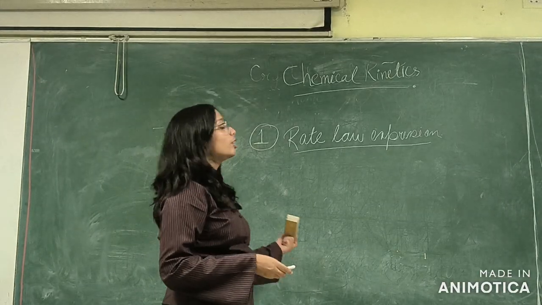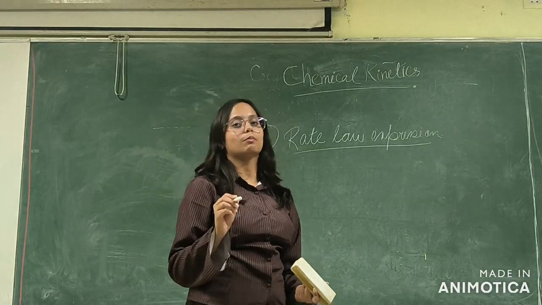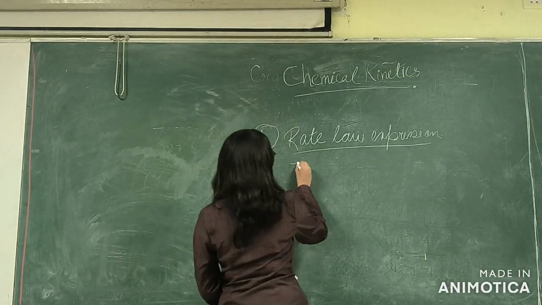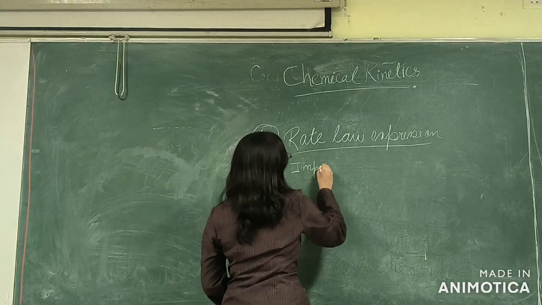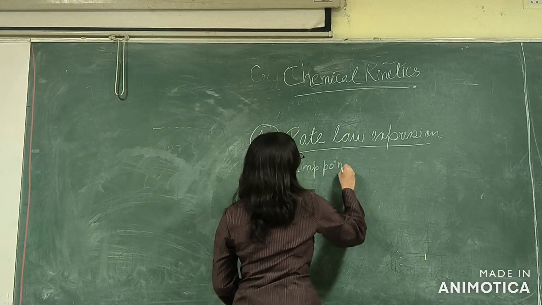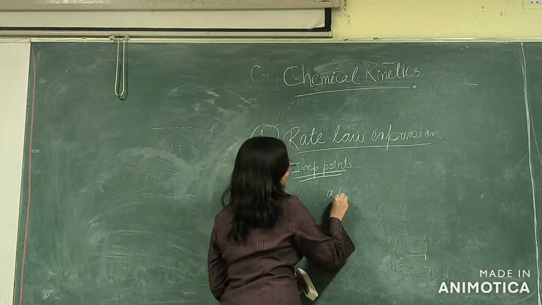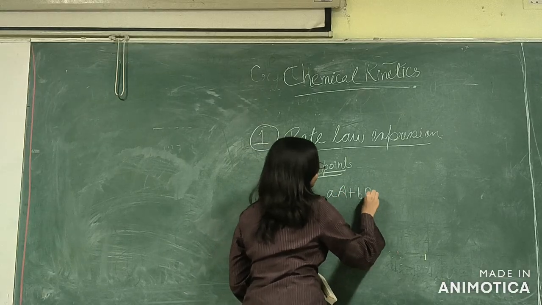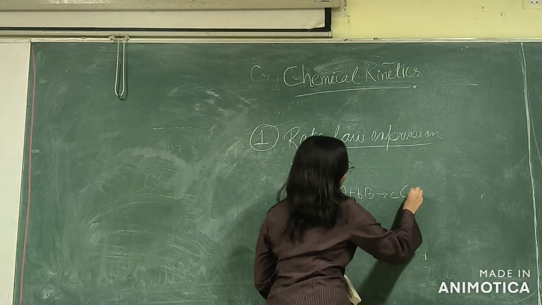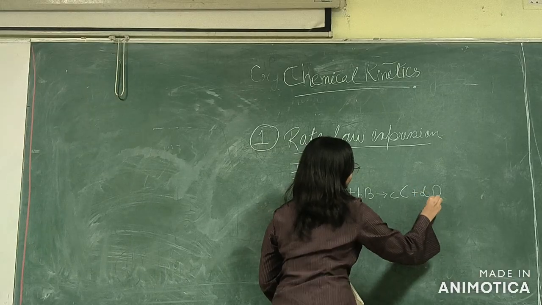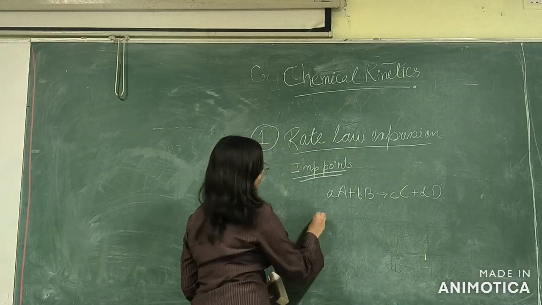Now we will look into some important points which we need to remember for the exam. Let us consider the first reaction. Now first, how to write the rate law?